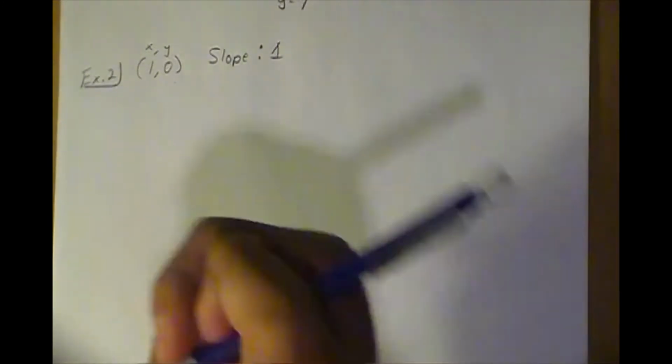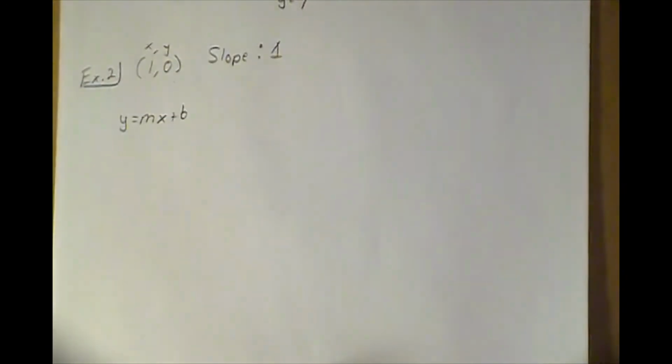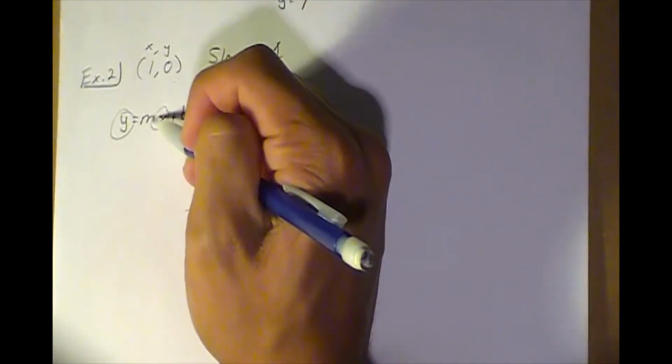Great, hopefully you paused the video and you solved it on your own. So, we'll identify that this is an xy pair, the slope is 1, and they still want us to write an equation. So again, we'll use the equation y is equal to mx plus b. And again, we have an input, an output, a slope, but we're missing the y-intercept.